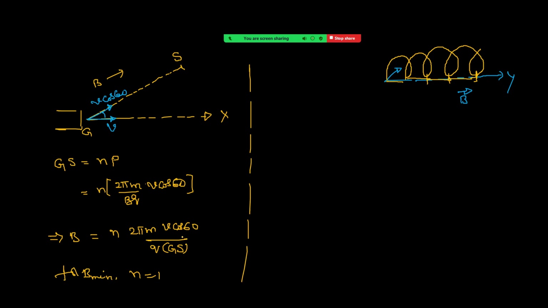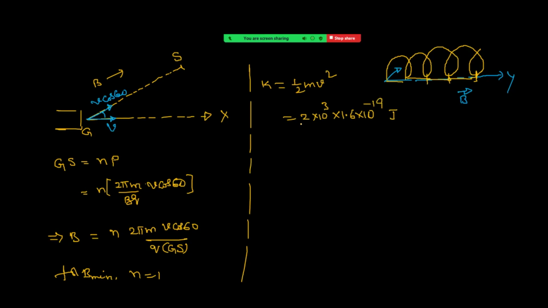Now substitute values in this. We require the V value, and coming to the V value, see how to find it. In the question, they have given that the energy of electrons is 2 kilo electron volt. Kinetic energy equal to half mv square, and that is given as 2 into 10 power 3 electron volt. 1 electron volt equal to 1.6 into 10 power minus 19 joule.